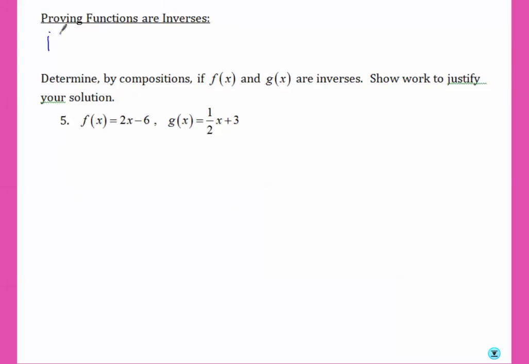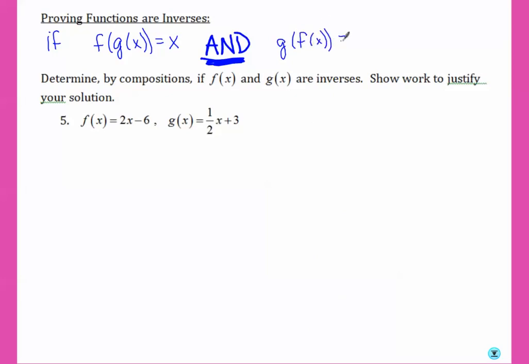So if f of g of x equals x, and g of f of x equals x, then f of x and g of x are inverses.